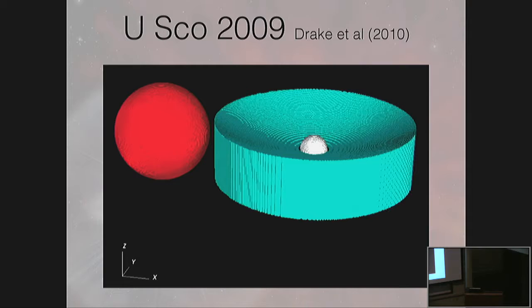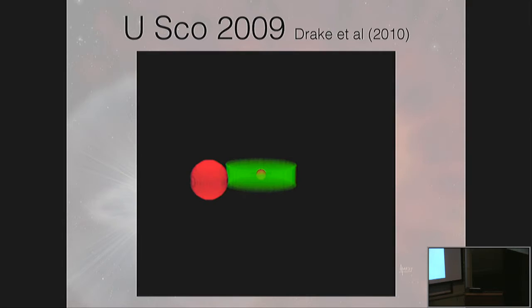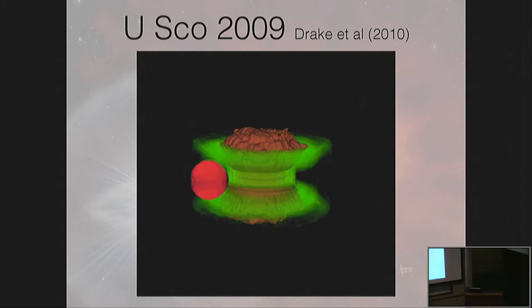Roche lobe overflow novae. So this one is U Sco, which is a nice system. It went off in 2010. It goes off about every 10 years. And it's an eclipsing system, so you can get some nice constraints on the geometry. We know what the orbit looks like. We know how big the stars are. And so we can see what an accretion disk and a nearby star does for you.